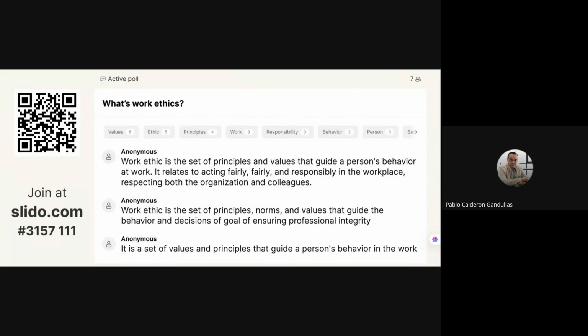And work ethic is the set of principles and values that guide a person's behavior at work. It relates to acting fairly and responsibly in the workplace, respecting both the organization and the colleagues.